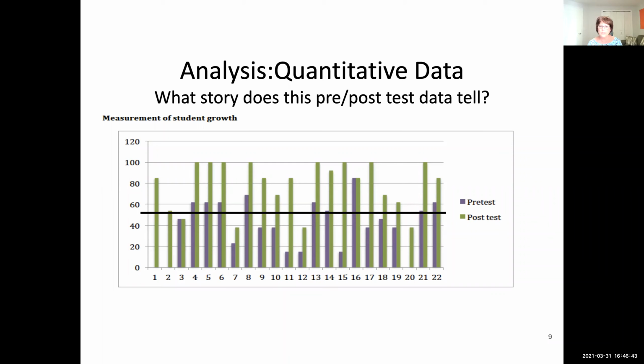Their pre-test data is in purple, their post-test data is in green, and that big line going across is the proficiency score. That's the score that you chose. This is where I'm going to be happy if students make this score or above. That was the minimum score to meet proficient in this unit.